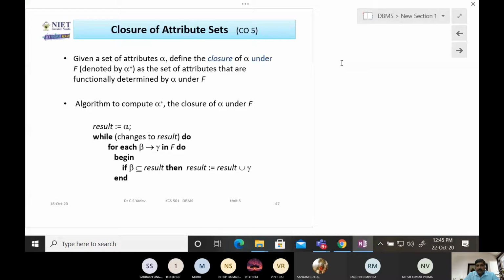Now, today you are going to learn the closure of an attribute set.